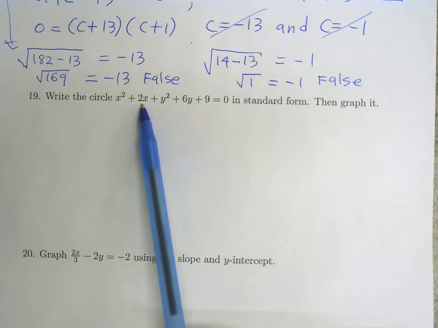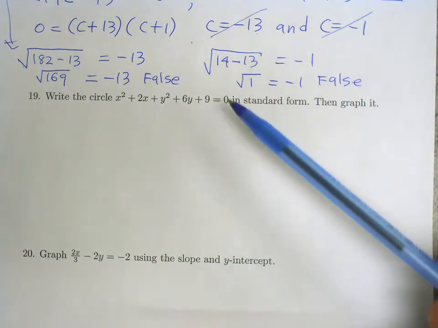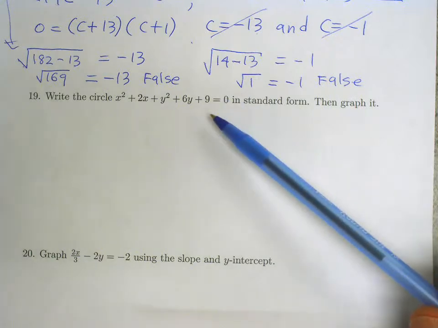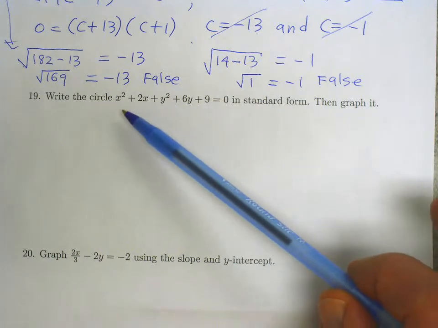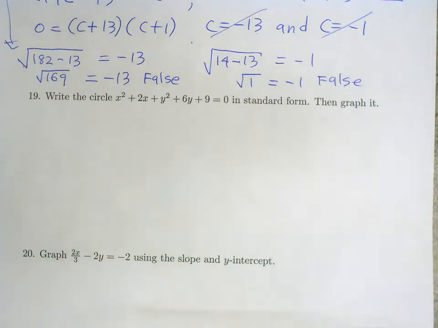Even if I didn't have x terms and y terms, and the constant has to be appropriate. But if I have an equation that just has x squared and y squared in it, and I'm adding x squared to y squared, and if it's equal to some positive number, then I know that it's a circle.